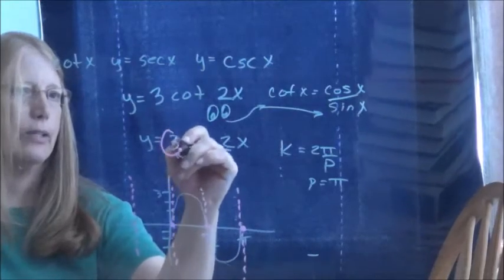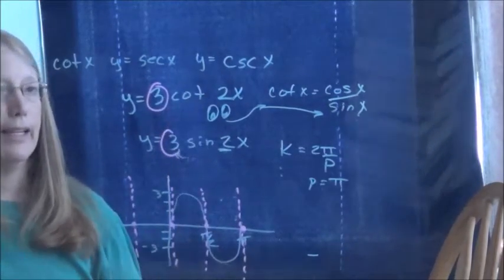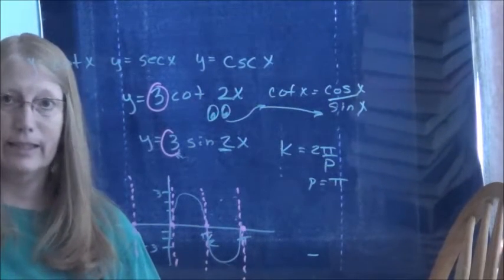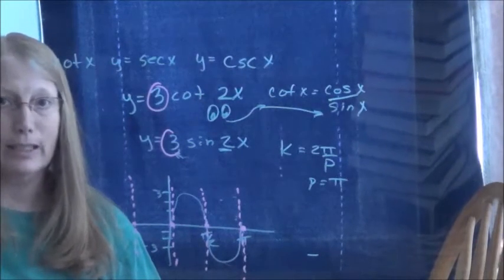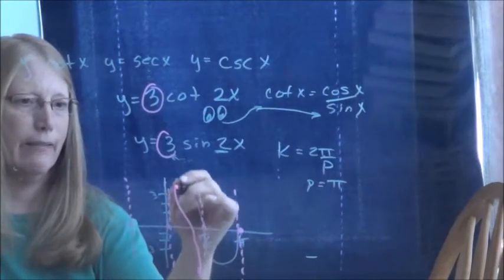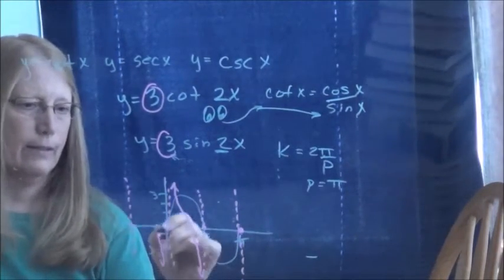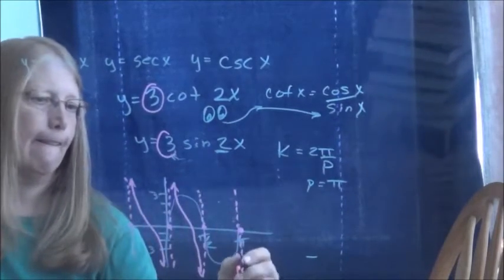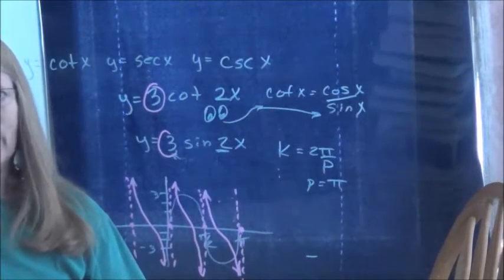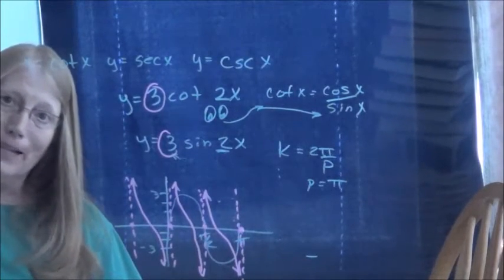This 3, since there's no amplitude in a cotangent, tells us that it stretches way out and doesn't have a wobble. You couldn't sit your glass of water there, so you're going to have to be thirsty while you graph this. Alright, so there's our first one, and hopefully you remember about that.